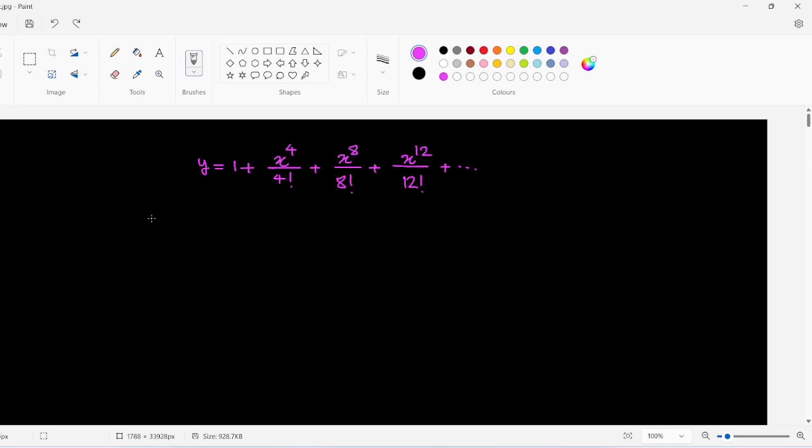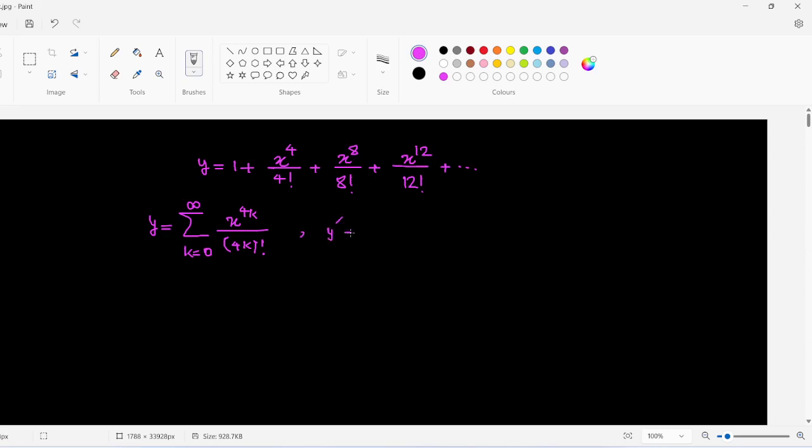Using series notation, we can write this expression as the infinite series where k runs from 0 to infinity of x raised to the 4k divided by 4k factorial. And it's not hard to notice that if we differentiate this function 4 times, it actually gets back to itself.